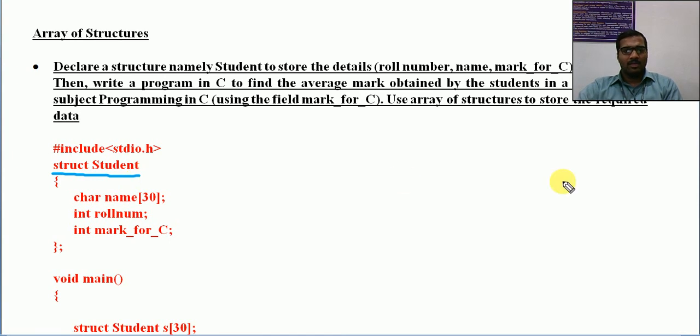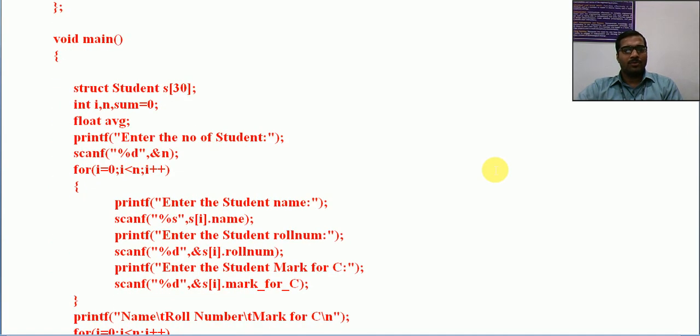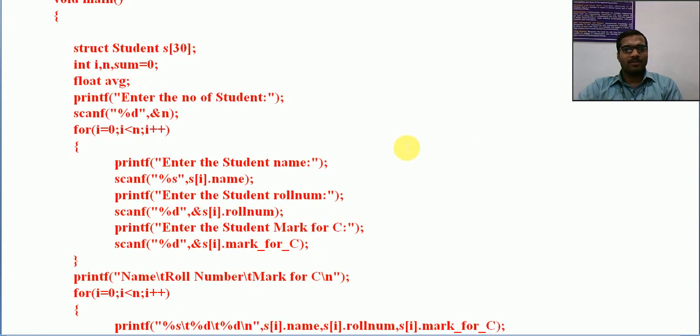Now let us see the main program, where we first declare variables as in the previous example. Just look at these statements. The most important one is struct student S of 30. What is the difference from the previous program?